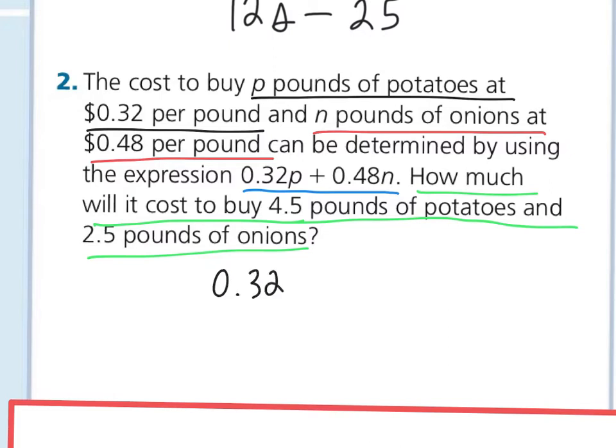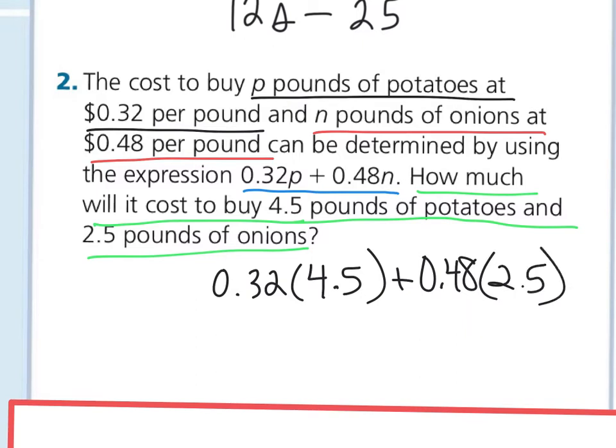So we're just going to be substituting into this expression. So 4.5 pounds of potatoes and 2.5 pounds of onions.